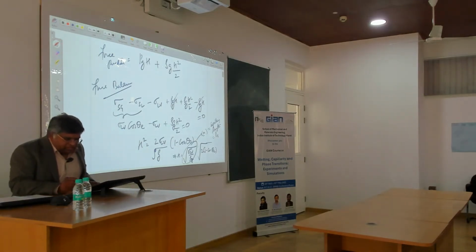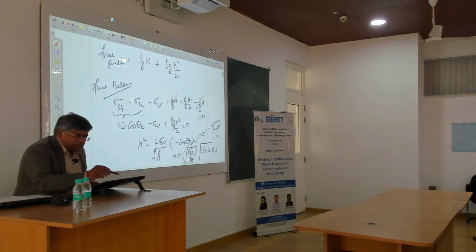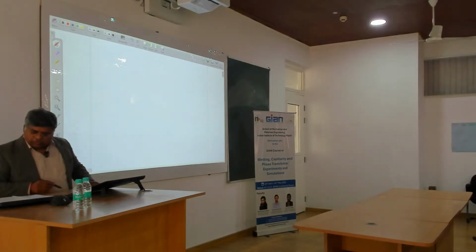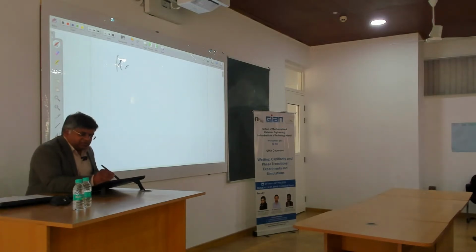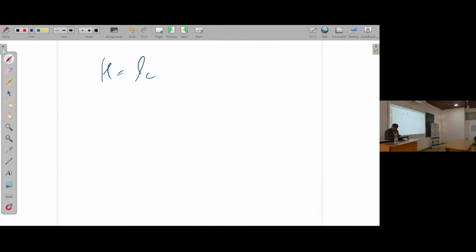Now you see this, you would get the height, I'm just going to write it here. You would get the height of the puddle as LC square root of 2 into 1 minus cos theta e.